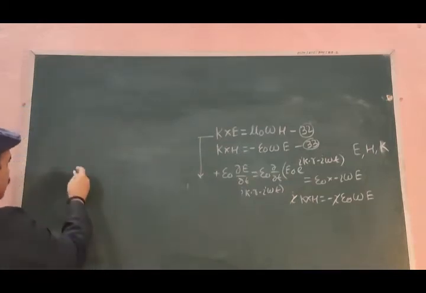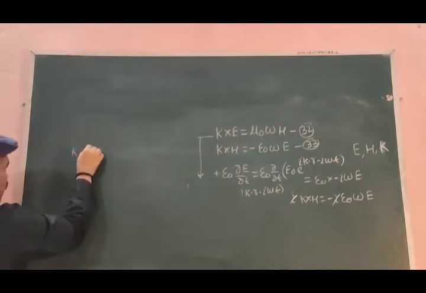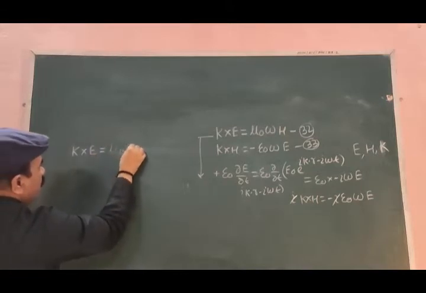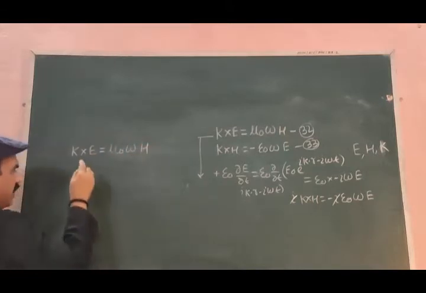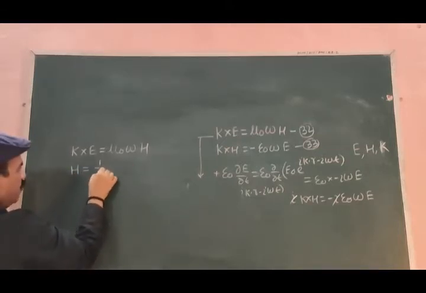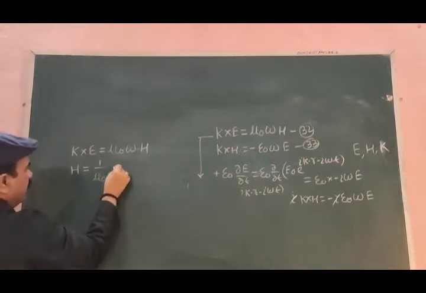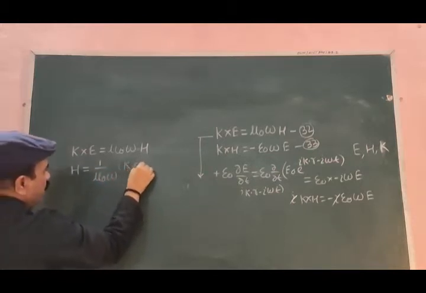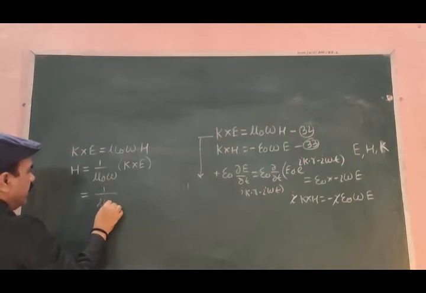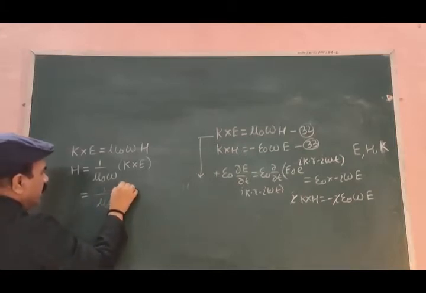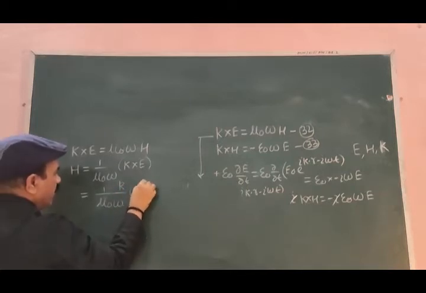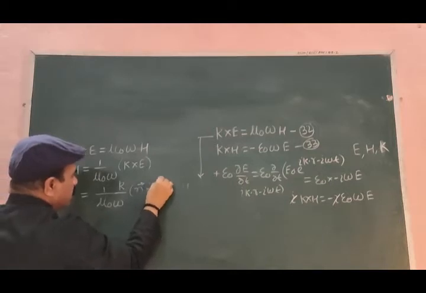Equation 32 is this: K cross A is equal to mu 0 omega into H, or I may further write this equation as H is equal to 1 divided by mu 0 omega into K cross A. This is nothing but 1 divided by mu 0 omega into small k into the normal unit vector cross E.